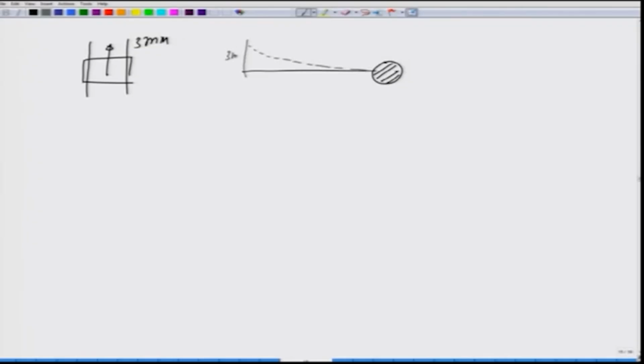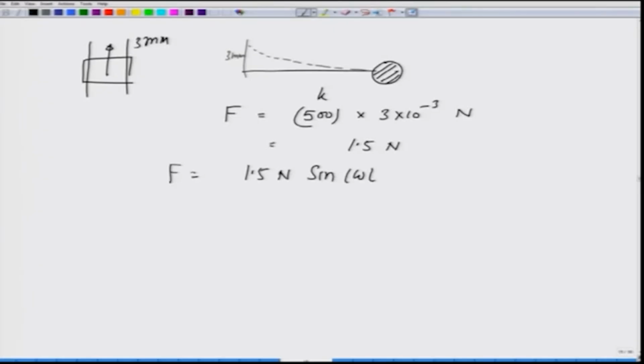So, it is shifted by 3 mm, and therefore, the maximum force that it applies becomes 500, which is k, times the displacement, which is 3 times 10 raised to minus 3, which comes out to be 1.5 newtons. So, the force that we are applying now is going to be 1.5 newtons times sine of omega t. Omega we have already calculated to be 8 pi, and therefore, this is 1.5 sine of 8 pi t.